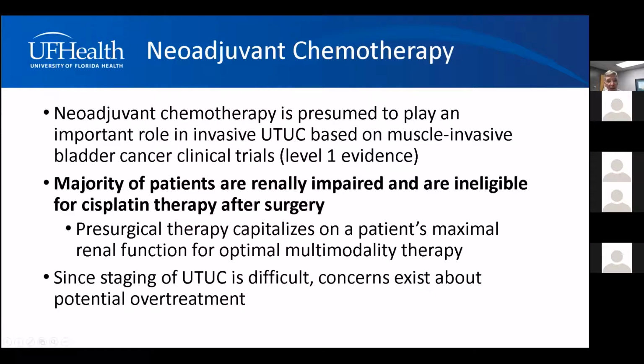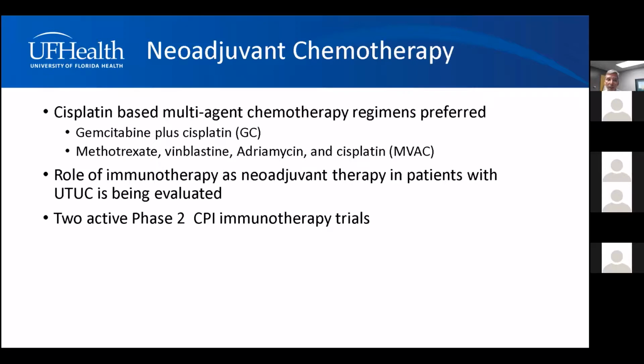Since staging of upper tract is difficult, concerns exist about the potential for overtreatment. We just don't know who we're treating, and whether this treatment is going to be beneficial or not. We're talking about cisplatin-based chemotherapy with gemcitabine and cisplatin or MVAC, but maybe the opportunities are in place for using immunotherapy as neoadjuvant therapy in patients with upper tract, and it's currently being evaluated.